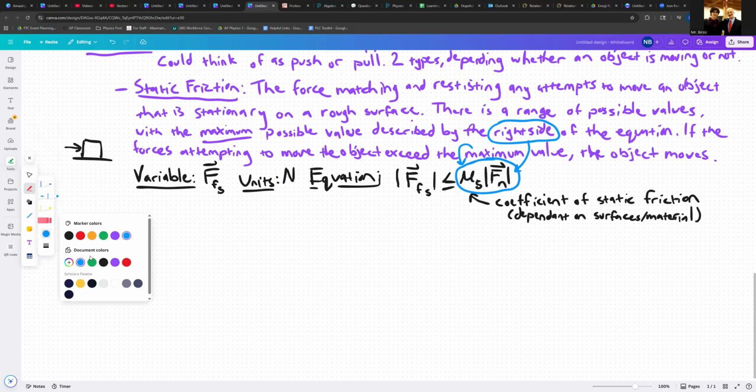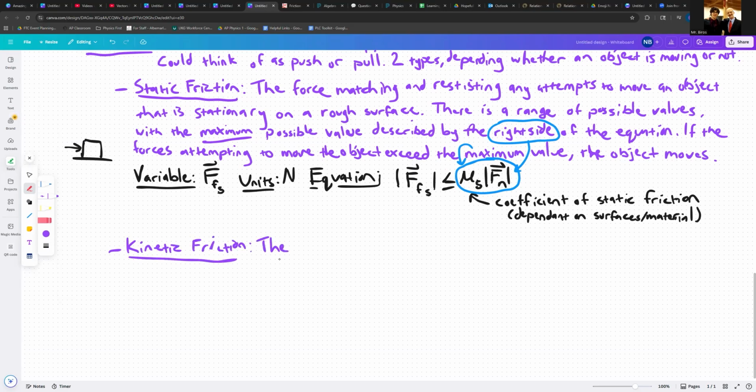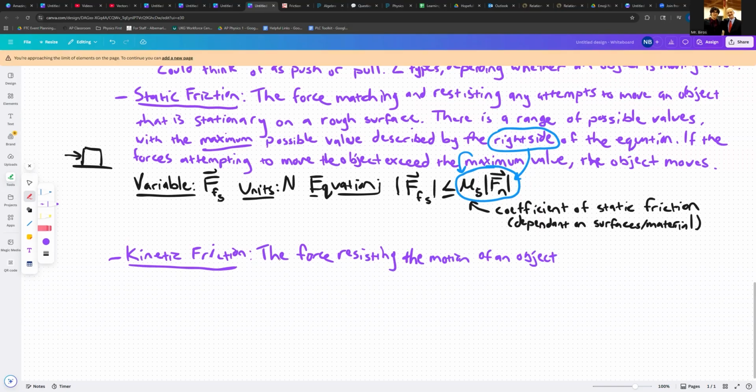Let's do kinetic. This one is much more simple. We already are familiar somewhat with the word kinetic or kinematics, right? Moving, motion. So kinetic friction, unsurprisingly, is for moving objects. This is the force resisting the motion of an object that is moving on a rough surface. So unlike static friction, this does not have a range of possible values. It is simply equal to the amount in the equation.